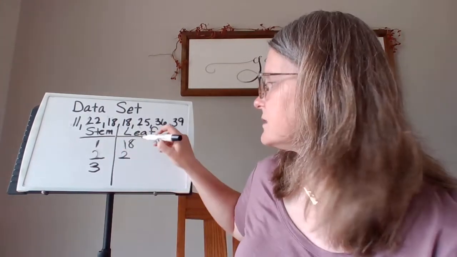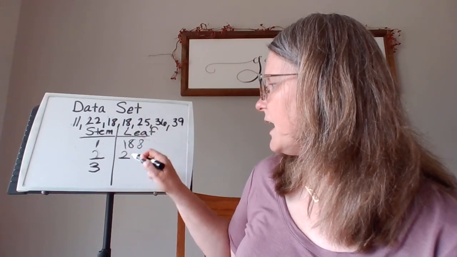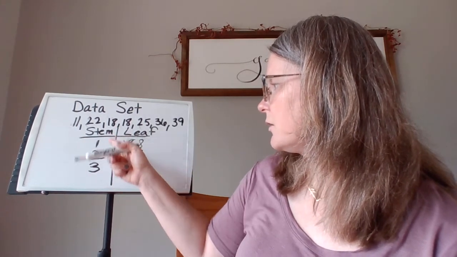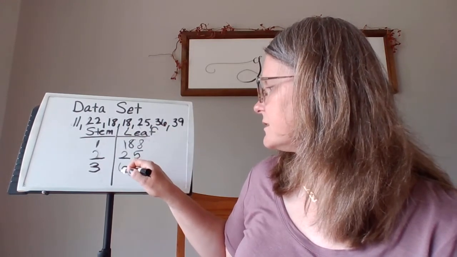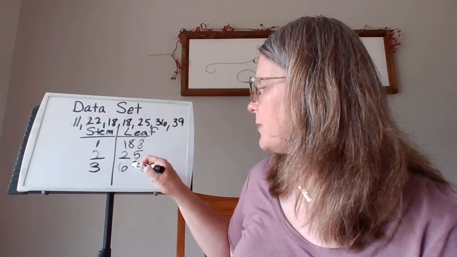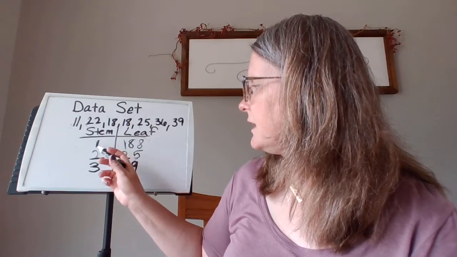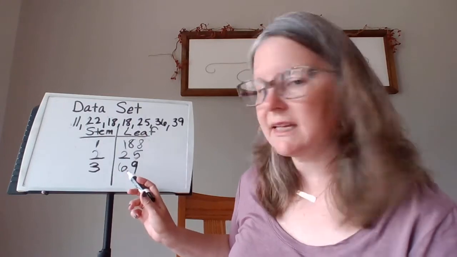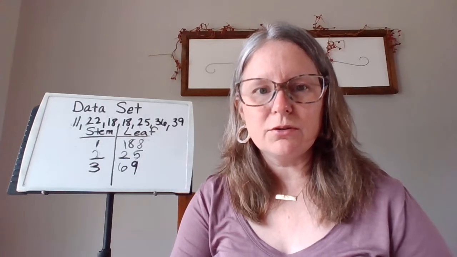We have another 18, so we would write another 8. 25, we have a 5. We're going to put that with our stem, that's a 2. 36, we have a 6. We also have a 9 in our 39. So again, when we would go back to read our numbers, 11, 18, 18, 22, 25, 36, 39.